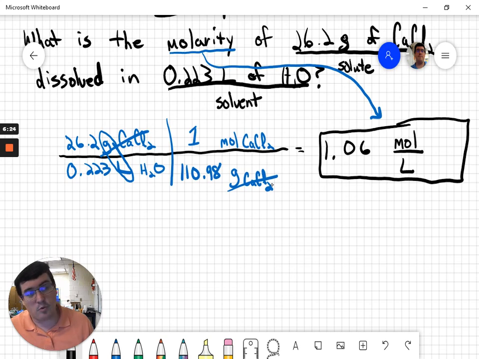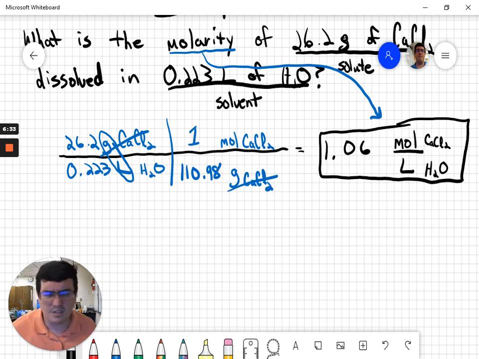Now, if it really bothers you that you left the units off, you can add them: calcium chloride, liters of H2O. That's fine. You can add those back in there. That's totally cool. All right. That's how you do a grams, liters to molarity problem.